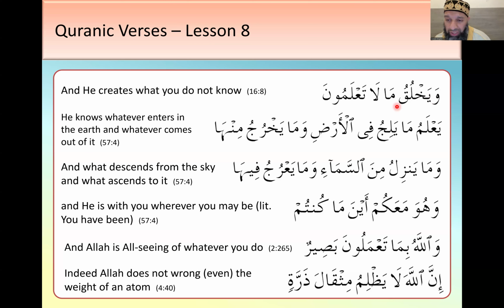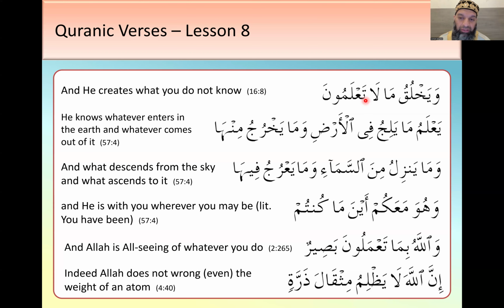Also, what you learn from this word here is that for the verb khalaqa, the third letter has a dhamma. Yakhluqu. So you'll see that for khalaqa, it's always a dhamma there, right? So wa yakhluqu, and he creates ma la ta'lamuna.